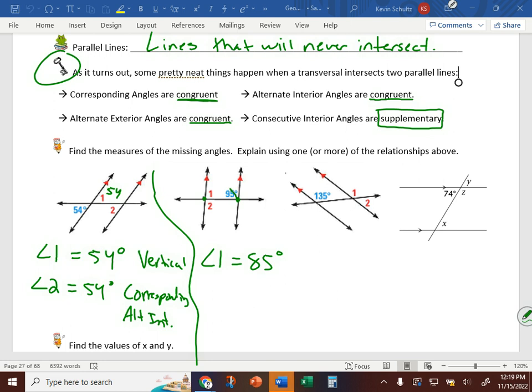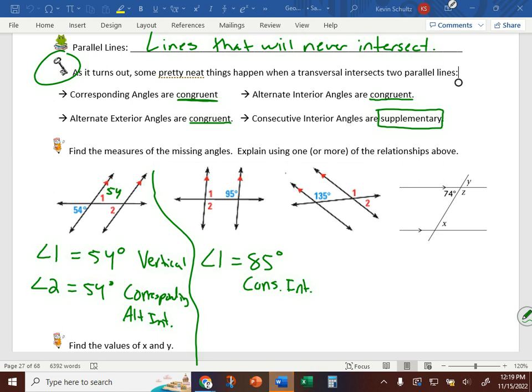If we go upper left in the other vertex, we don't hit angle 1. Angle 1 is to the right. So they're not in the same location. They're not corresponding angles. What they are is consecutive interior angles. They're on the same side of the transversal in between our parallel lines. They're on the interior and they're consecutive on the same side. So therefore they are supplementary, and we know that because they are consecutive interior angles.